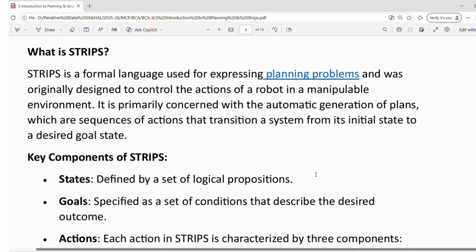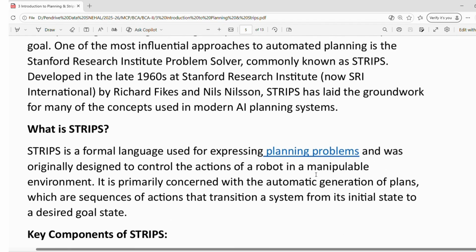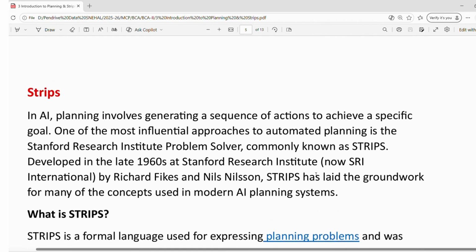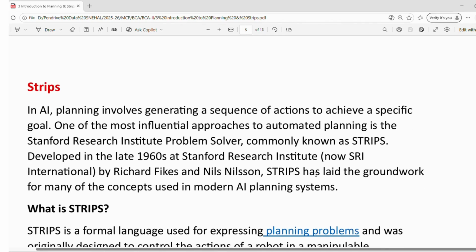The most important thing is you should understand the long form of STRIPS. What does STRIPS stand for? It stands for Stanford Research Institute Problem Solver.